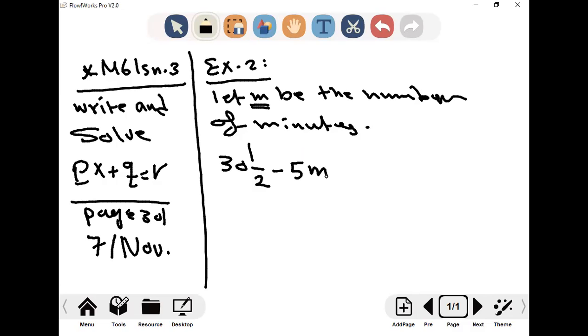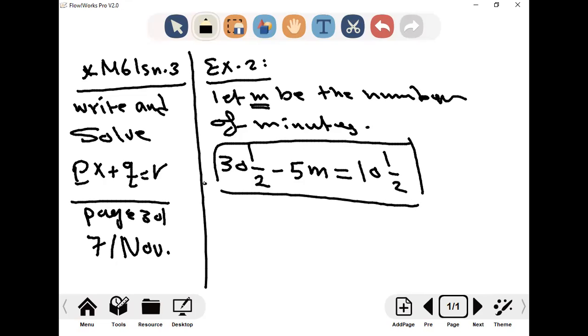Now, at a rate of 5 gallons per minute for cleaning, write and solve an equation to determine in how many minutes the amount of water will reach 10.5. This is our equation. The total amount of water 30.5.